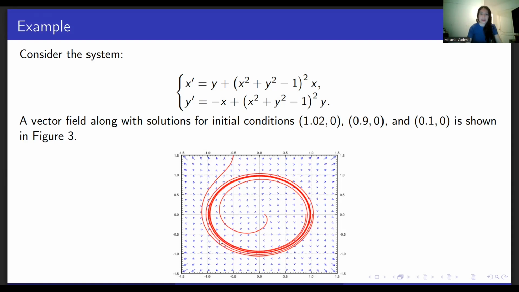So we're seeing a solution that spirals off.